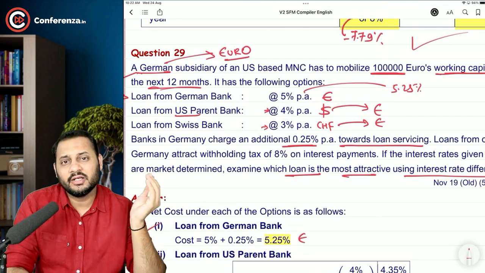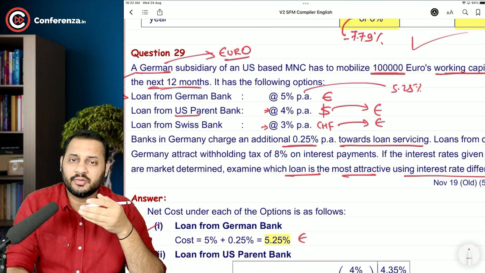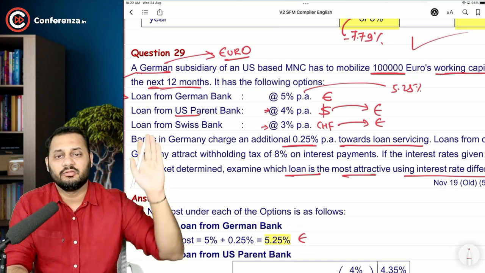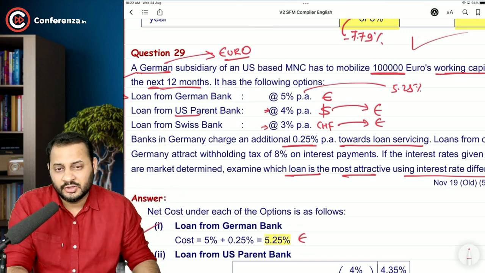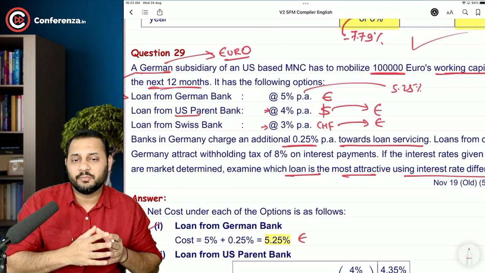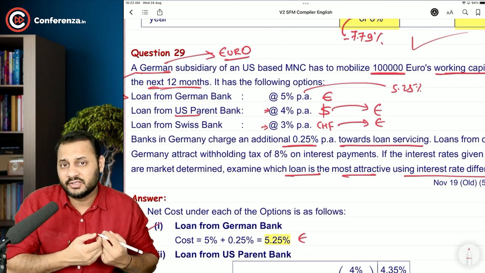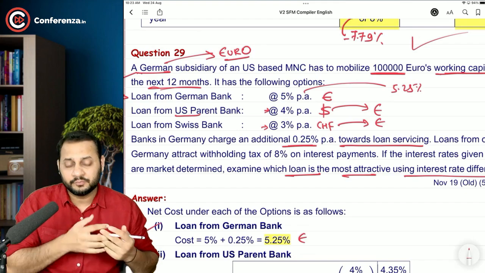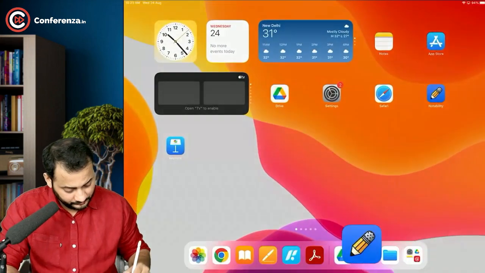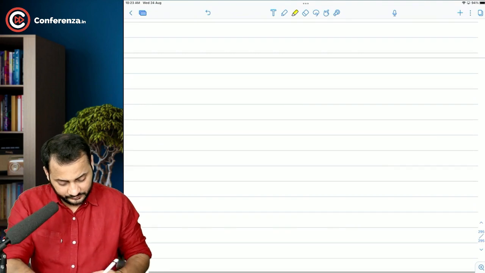That means after making the payment of 8% to the government, the bank should get 4% as their interest. So you cannot deduct 8% or simply add 8% to 4%. No, it's not like that. I will tell you how the calculations will go in this.